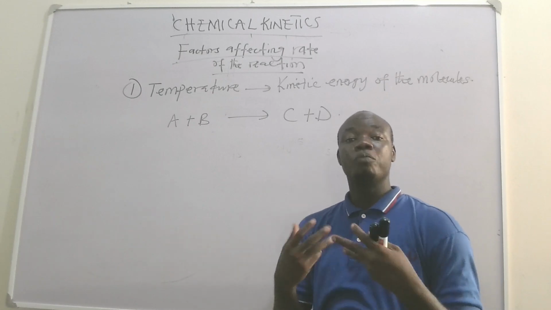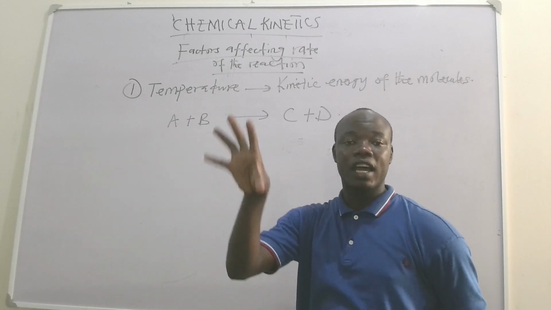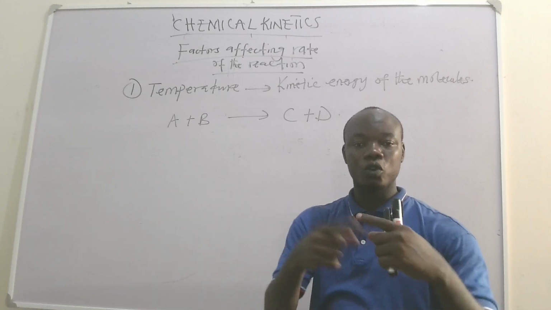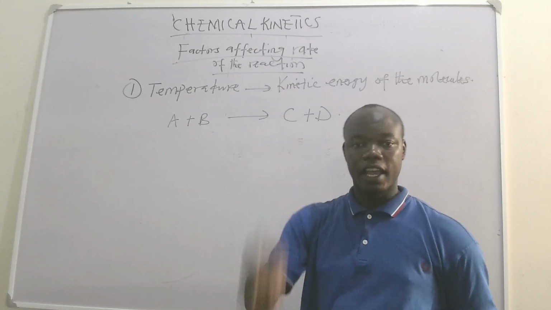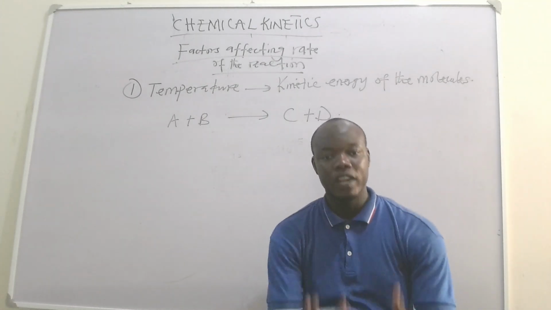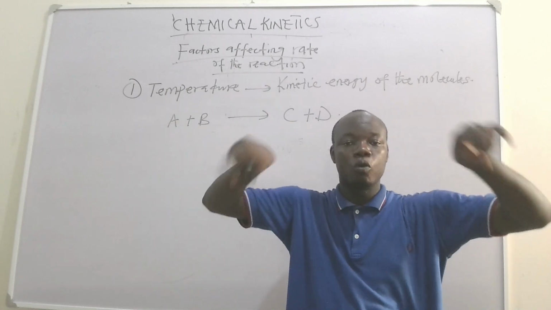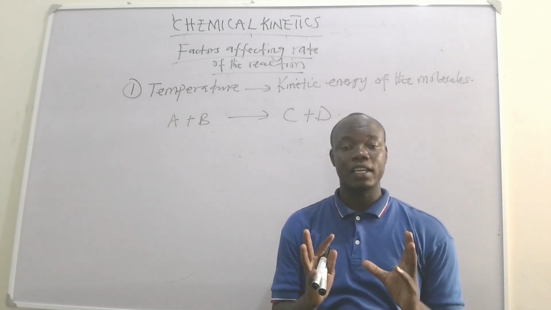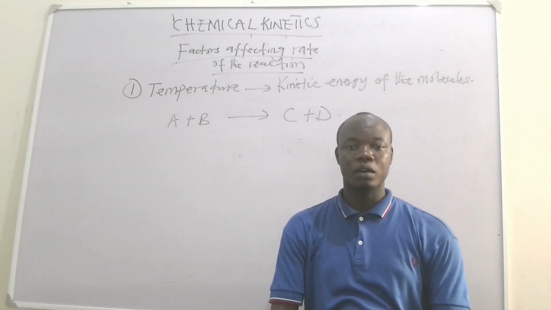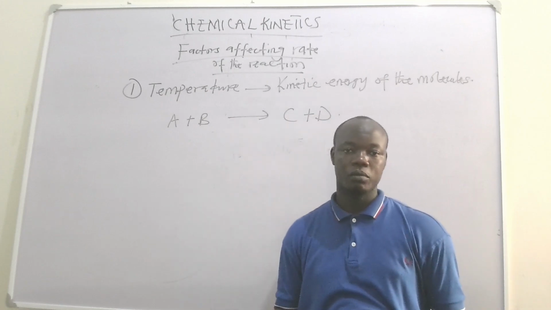And once their movement is increased, there is a chance that these reacting molecules will collide, and the collision is generally perfectly elastic. So the more these reacting particles collide with one another, the more they get sufficient energy that will make them easily collide head to head for the reaction to take place.